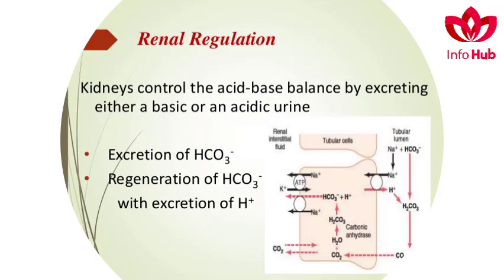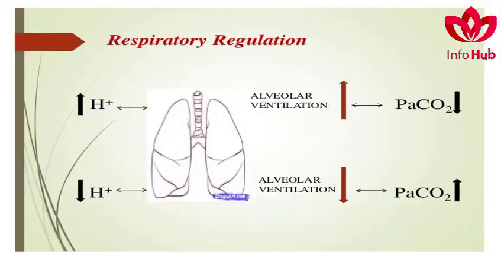Renal regulation is usually through either excretion of bicarbonate or regeneration of bicarbonate as required by the body. Respiratory regulation is with the help of increasing ventilation. When the ventilation is increased, what will happen? The carbon dioxide will decrease.